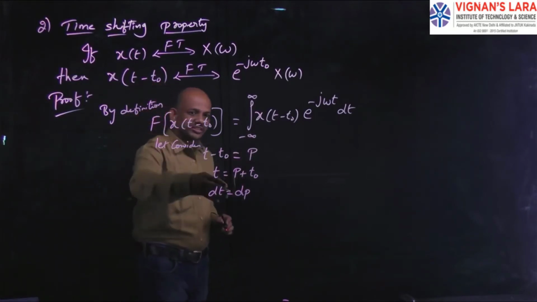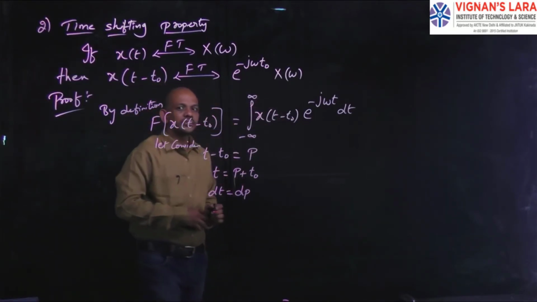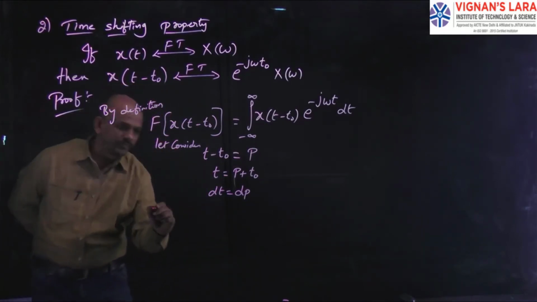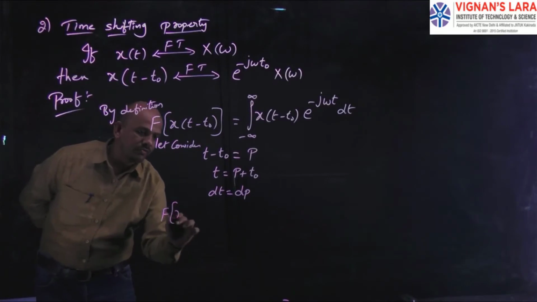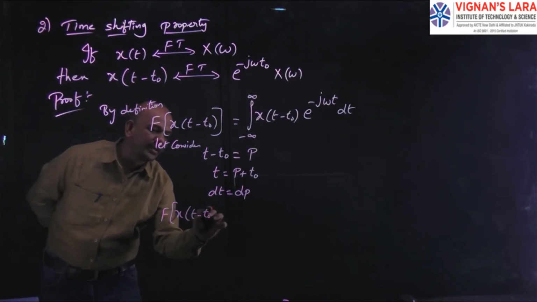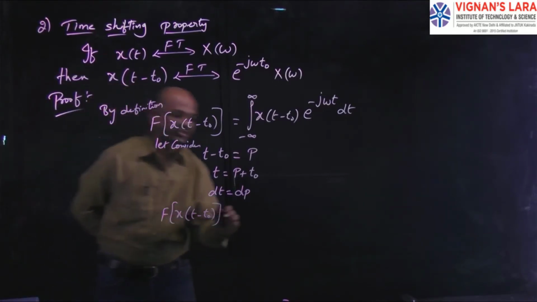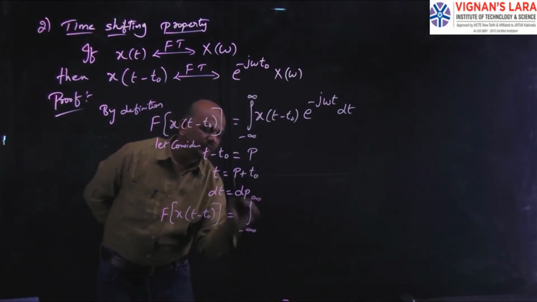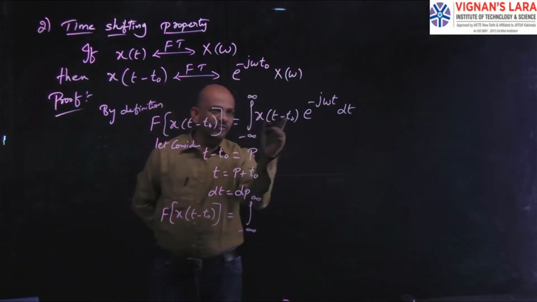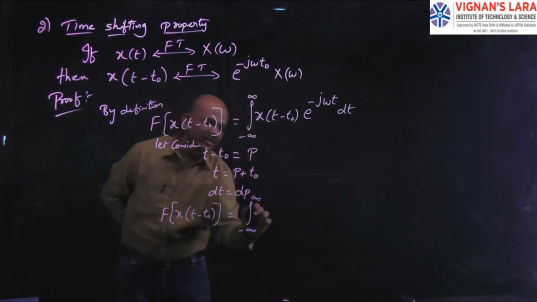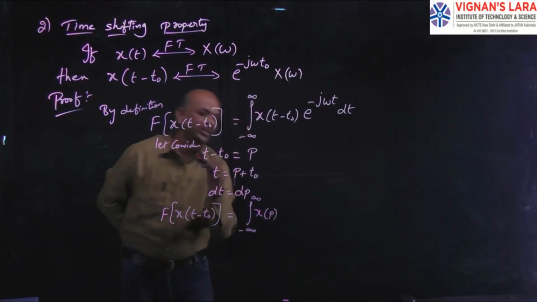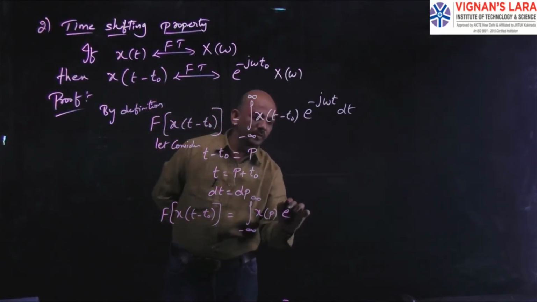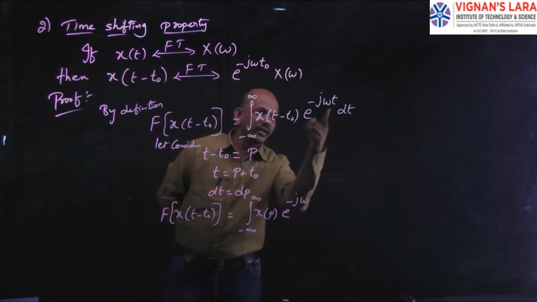Now I will substitute these three in the above equation to get the Fourier transform of x of t minus t naught. The Fourier transform of x of t minus t naught will be equal to integral from minus infinity to infinity of x of t minus t naught, which we know is p, so simply x of p, and e to the power of minus j omega in place of t.